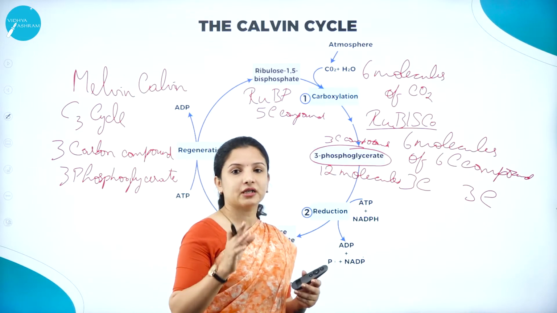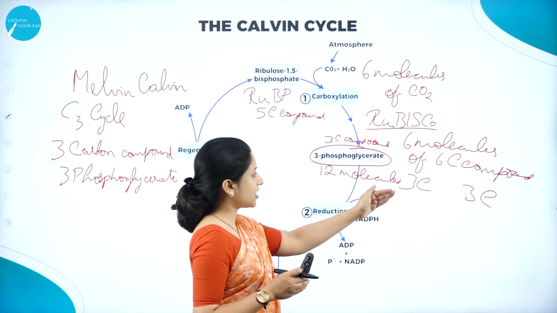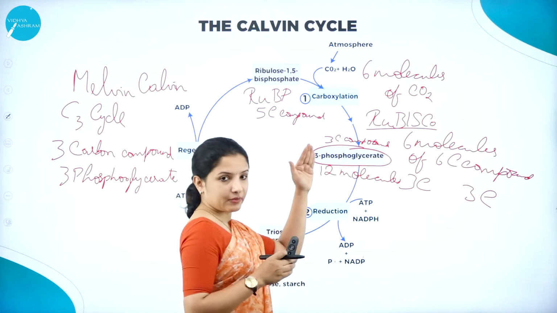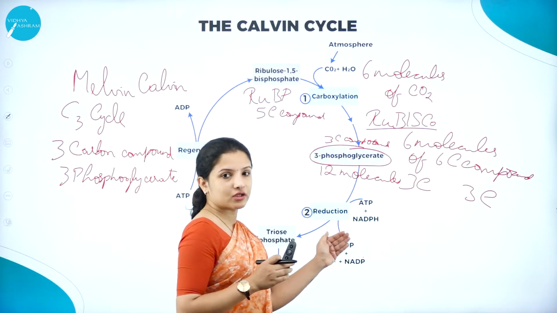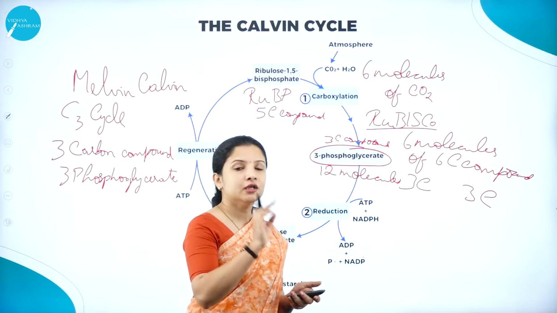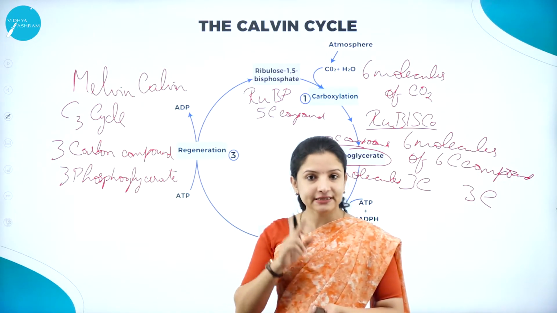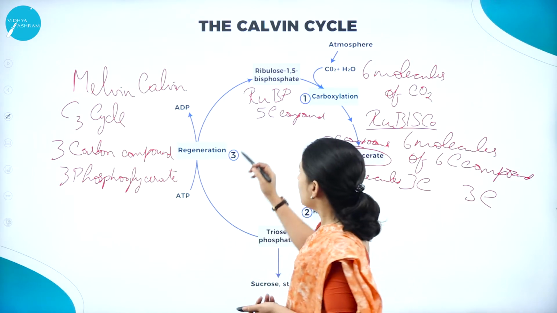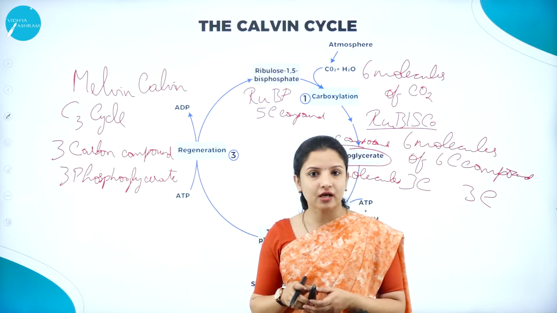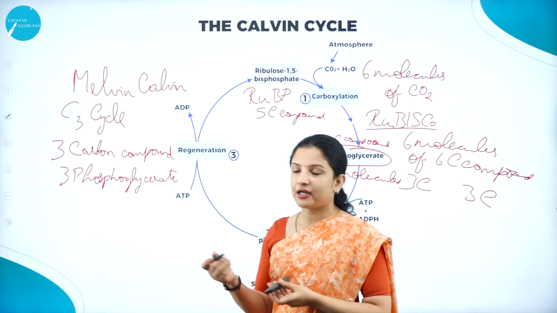Each time 12 will be formed. They have to split, form a 3-carbon compound, and then undergo reduction and form a glucose molecule. Each time they have to complete 6 cycles. So what happens? Regeneration should occur here. What should get regenerated?